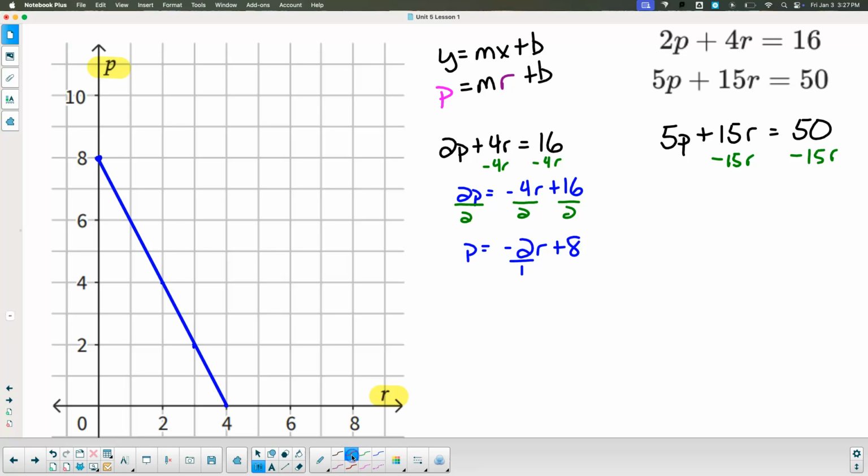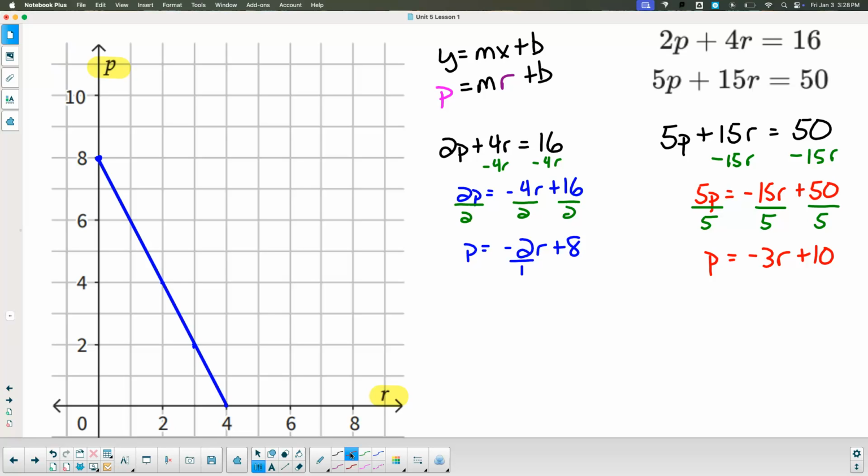Then that gives me 5P equals negative 15R plus 50. Divide everything by 5. And that gives me P is equal to negative 3R plus 10.